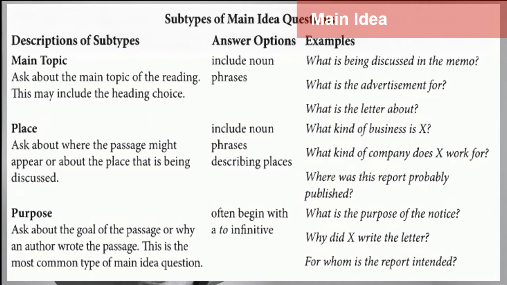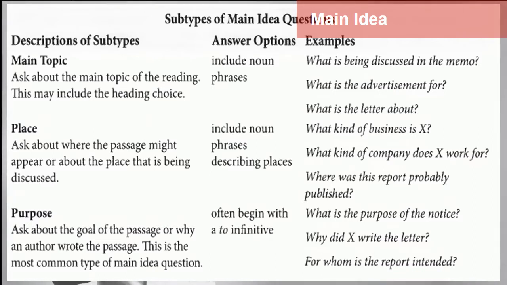On the right hand side you will see some questions. For main topic: what is being discussed in the memo? For place: what is the business about? And for purpose: what is the purpose of the notice?